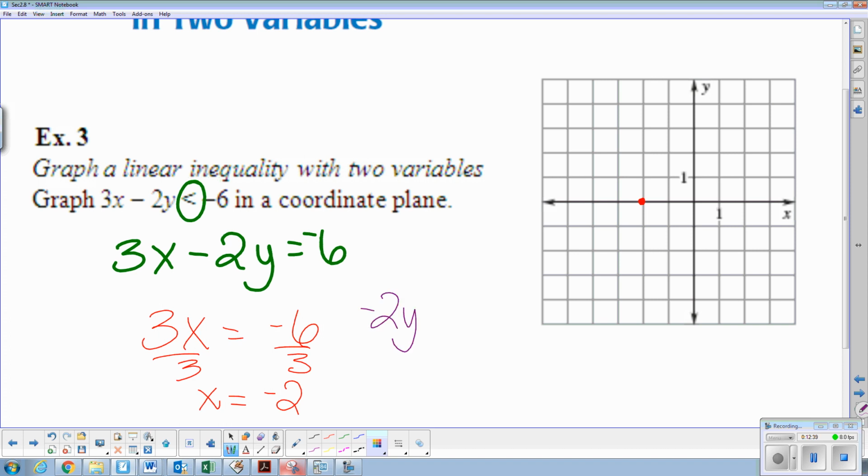So -2y equals -6. Our y-intercept is 3. And these are two points on our boundary line. And again, since we are talking strictly 3x minus 2y is less than -6, we need to use a dotted line.